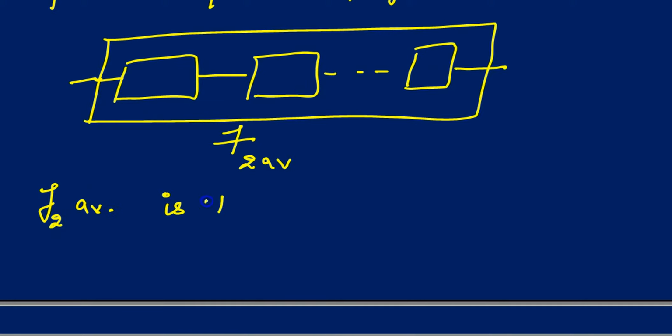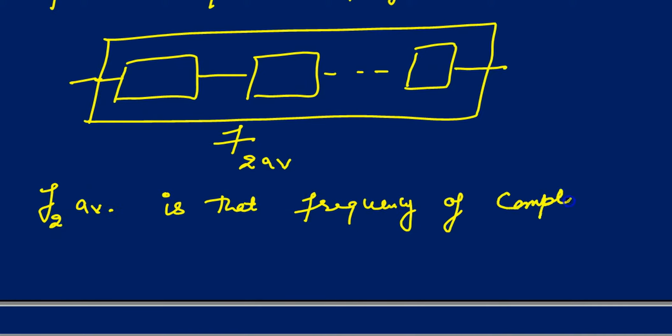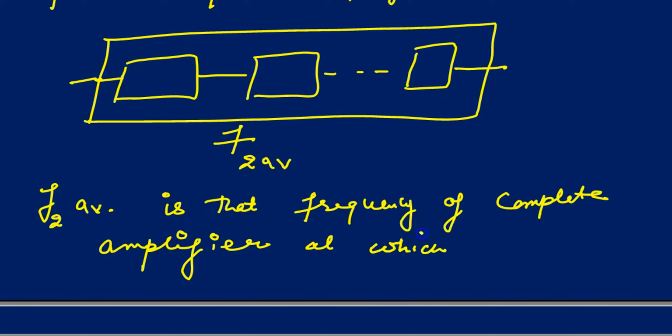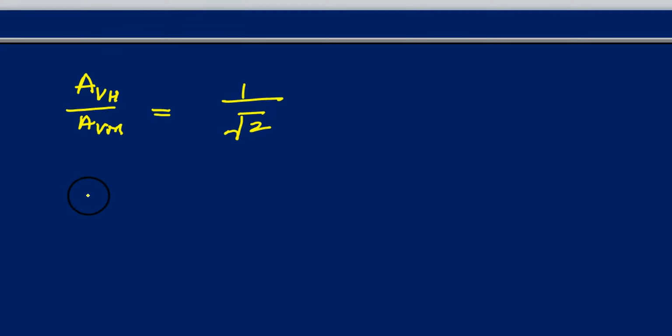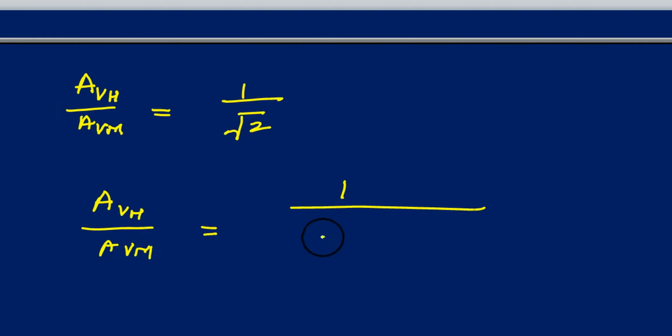F2 average is that frequency where the total relative gain of the whole system becomes 1 over the square root of 2.